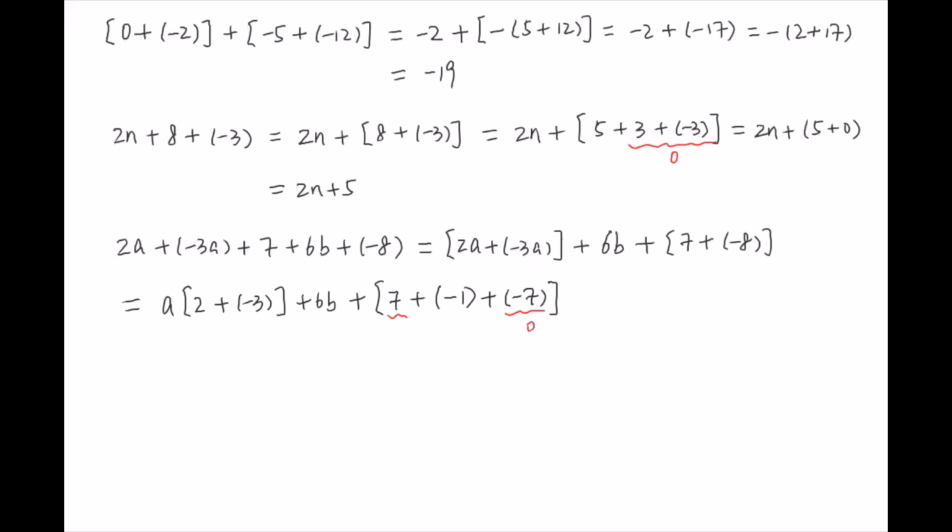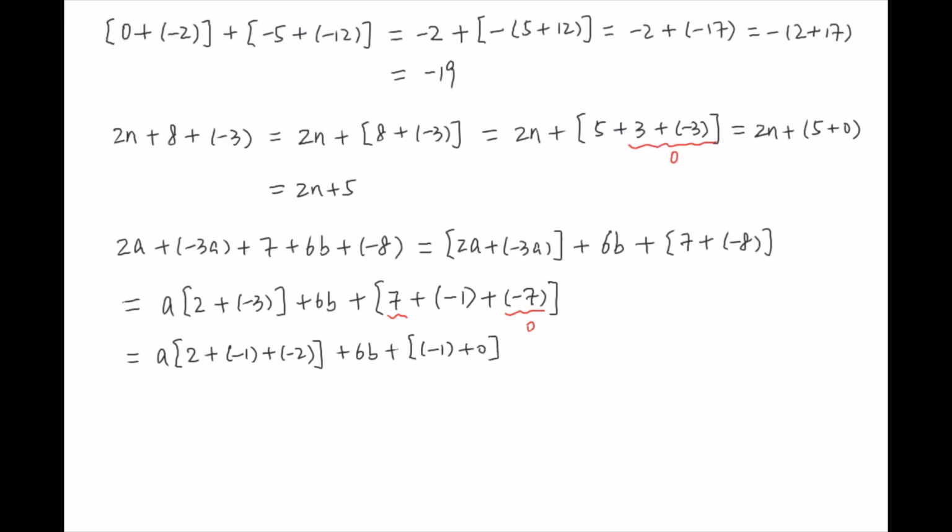So we can get a times (2 plus negative 1 plus negative 2) plus 6b plus (negative 1 plus 0).